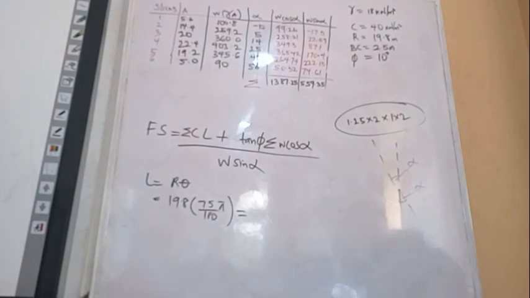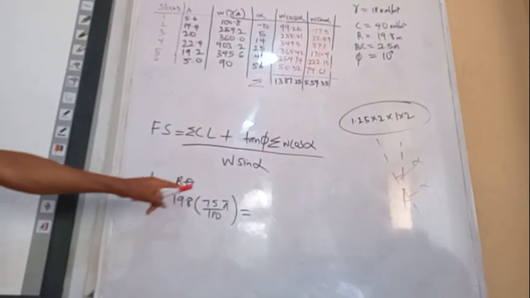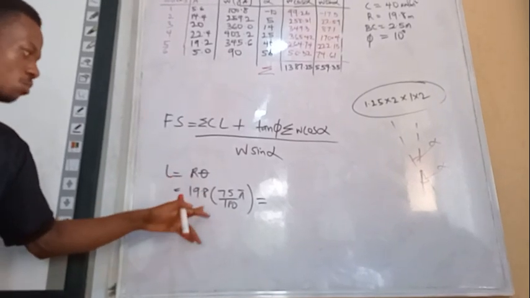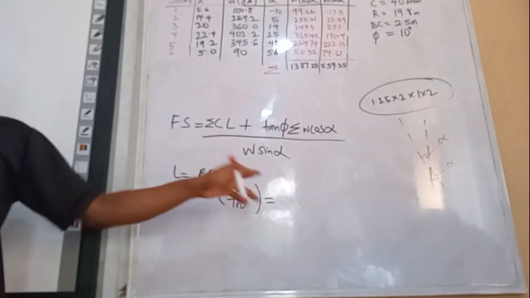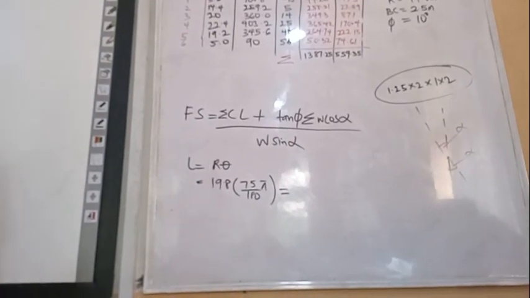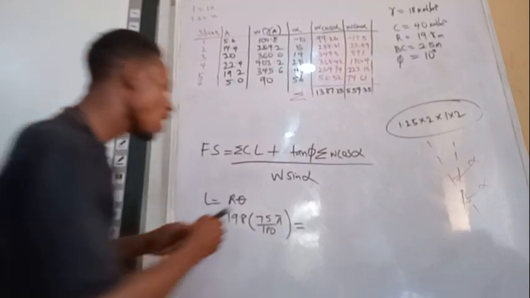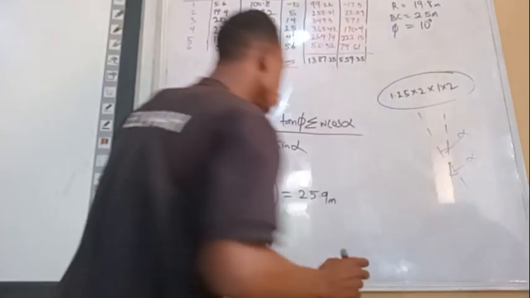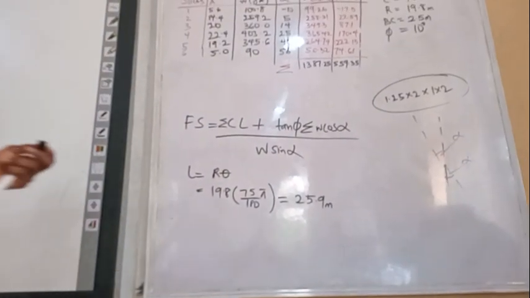But if you want to use this formula, it's going to be the radius multiplied by the angle in radians. 25.9. So we've gotten our L, which is 25.9. Let's put it here.